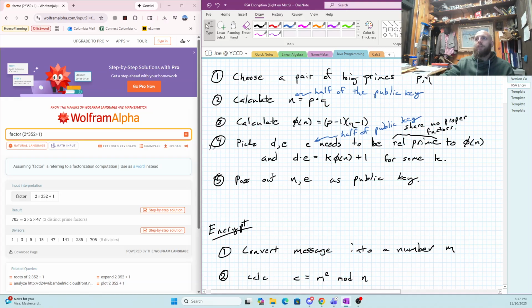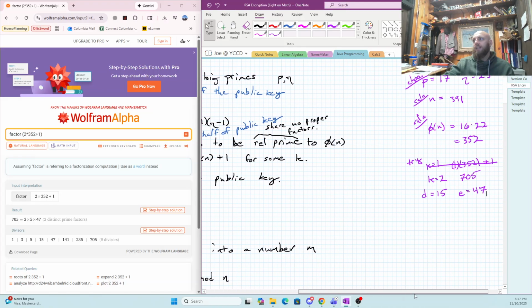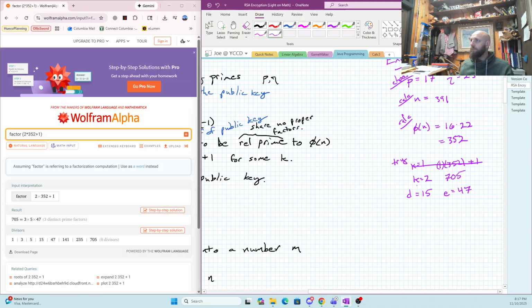So now what we need to do is we can pass out N and E as our public key, right? So here we can say public is N is 391 and E is 47.